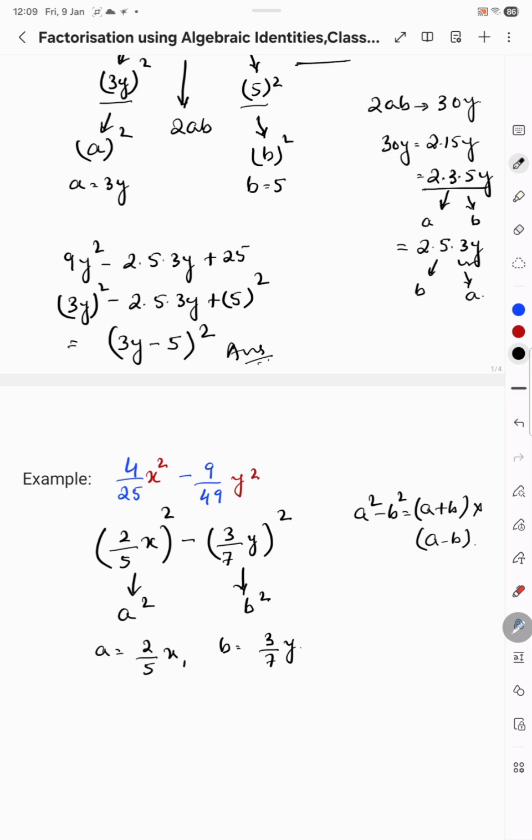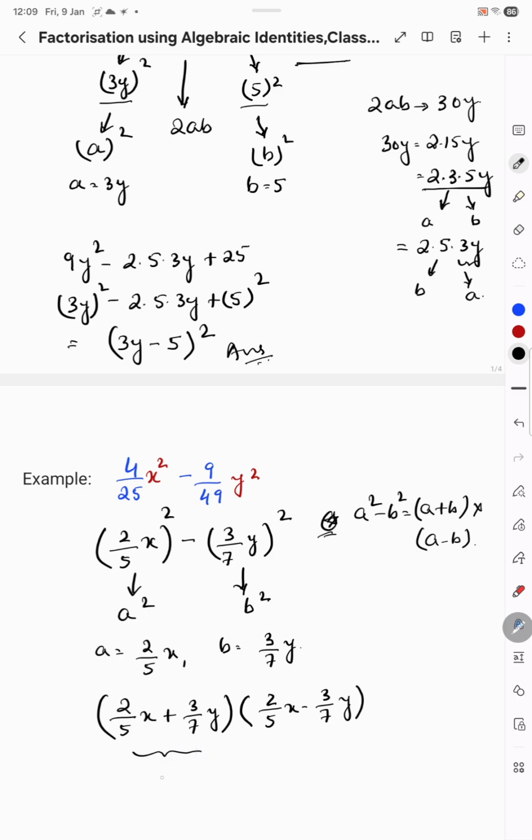So now we can express this as (a plus b) into (a minus b) as a solution. So this will become (2 by 5x plus 3 by 7y) into (2 by 5x minus 3 by 7y).